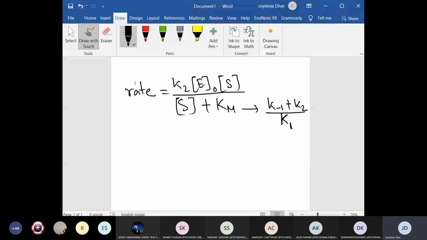ES maximum means K2 into E naught. So K2 E naught is the maximum rate I can consider, and this is the maximum velocity, Vmax.